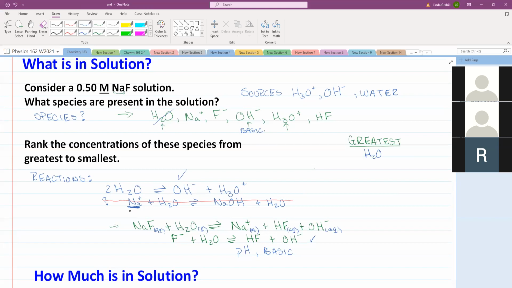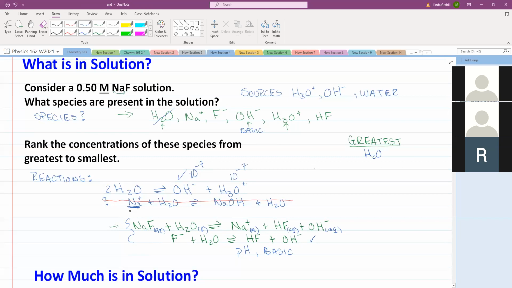I think that would be slightly less than the hydroxide because there are 3 sources of hydroxide. So careful there. I wrote this one twice. So these two reactions are essentially the same thing. So there's 2 sources of it. The autoionization, if this is room temp, is like 10 to the negative 7 molar of each of these guys.